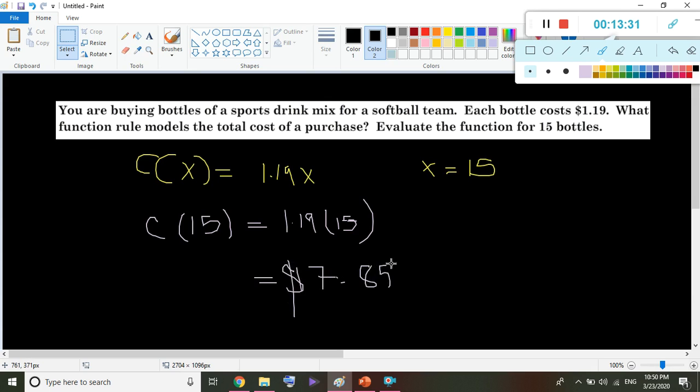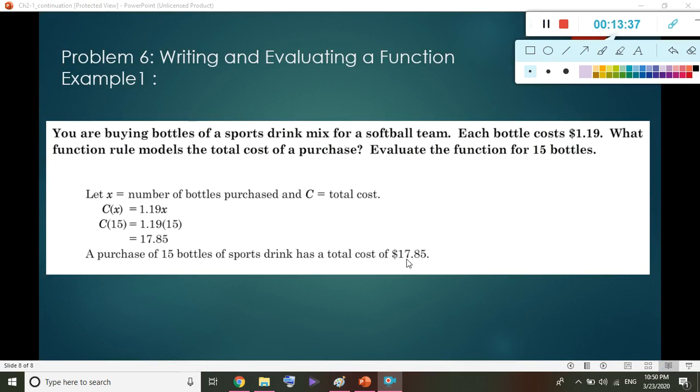The total cost of 15 bottles is $17.85. Let's check the answer we have. It's $17.85. A purchase of 15 bottles of sports drink has a total cost of $17.85.